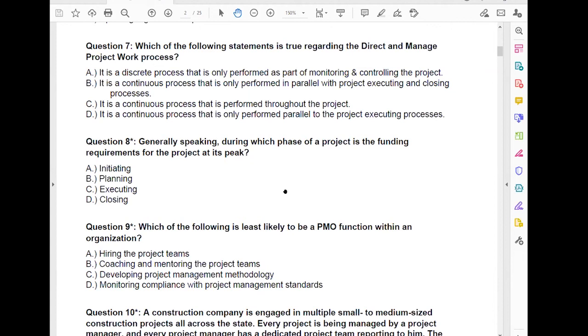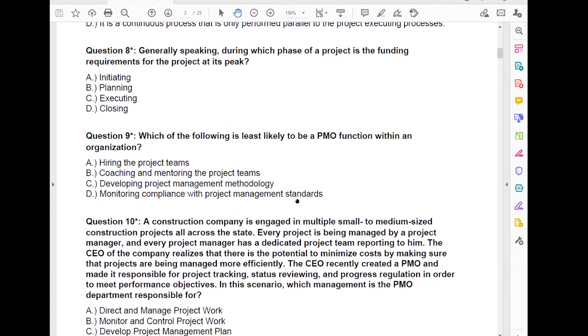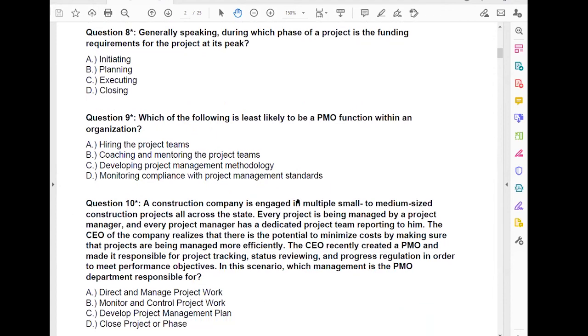Okay, next one. Number 8. Generally speaking, during which phase of a project is the funding requirements for the project at its peak? A, initiating, B, planning, C, executing, D, closing.